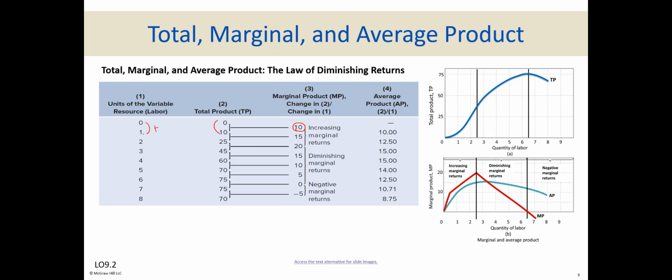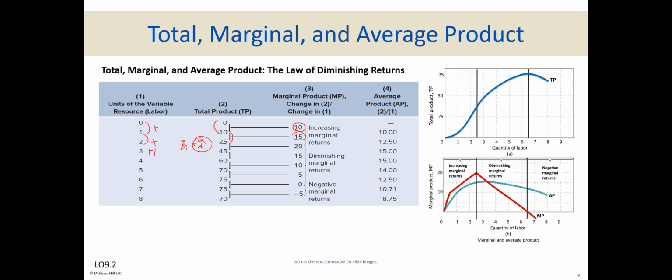Why? Because if I add the second labor, the two of them together produce 25, but the second one individually adds 15 units, because total product increases from 10 to 25. So the marginal product of the second worker is higher than the marginal product of the first worker. Therefore, we have increasing marginal returns.